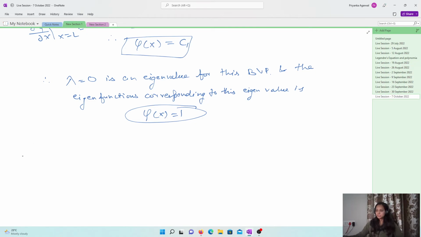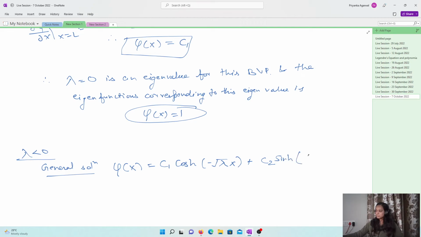Now let's look at the case when lambda is less than 0. So the general solution can be written as psi of x equal to C1 cosh of root of minus lambda x plus C2 sinh of root of minus lambda x.